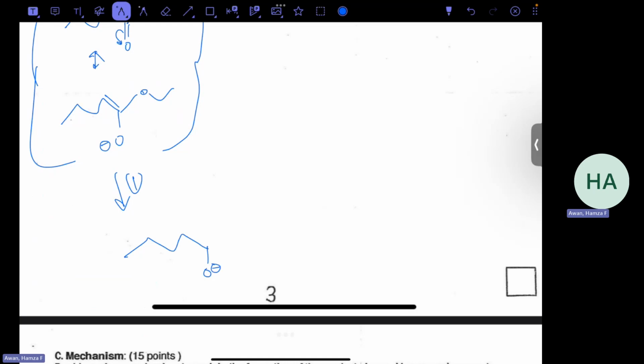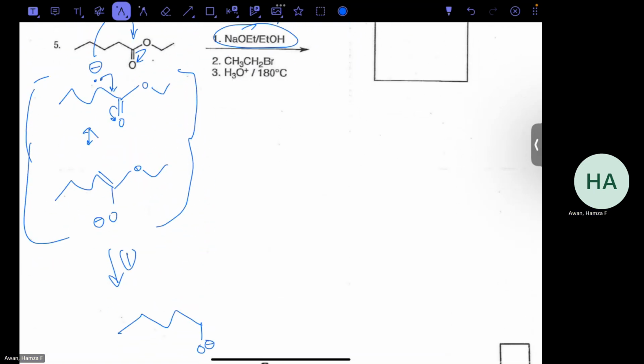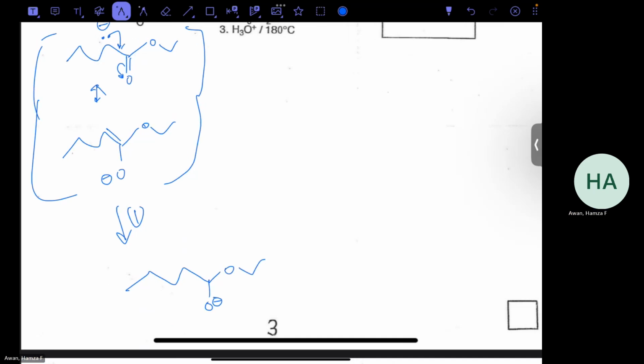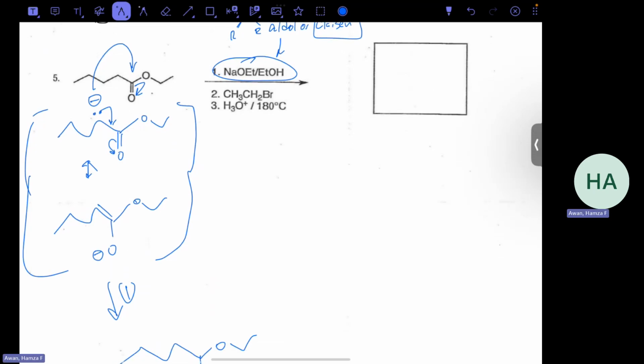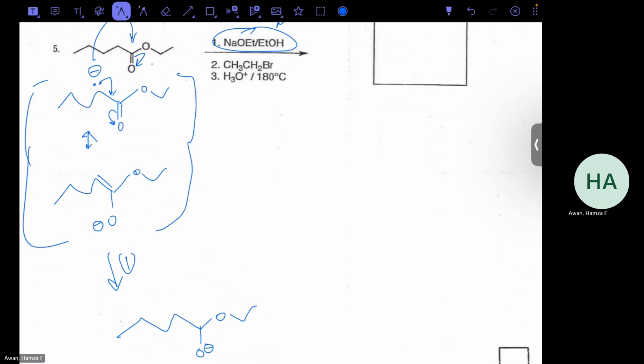O minus, because we know that the O bond gets off, so it becomes an O minus. Then dash O. Then we have this, which is going to be attached right here, and that's this carbon.